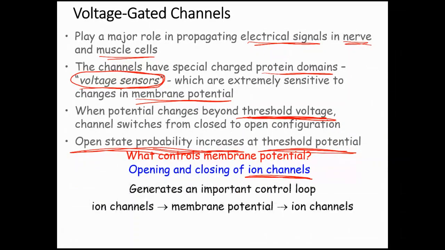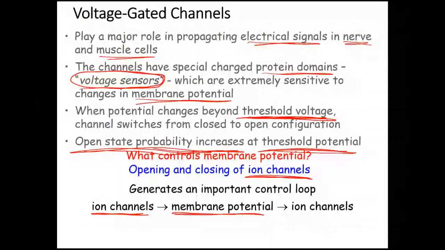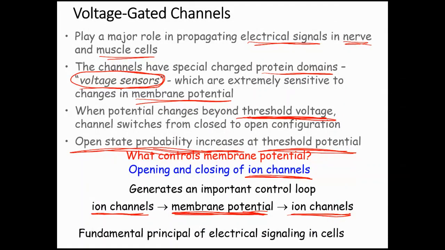Of course, we turn around and say this generates a very important control loop in electrical signaling: ion channels are responsible for generating the membrane potential, but then changes in the membrane potential will affect the opening and closing of ion channels. This is a very important fundamental principle of what's called electrical signaling in cells. You wouldn't really have a membrane potential unless you had ion channels doing certain things.